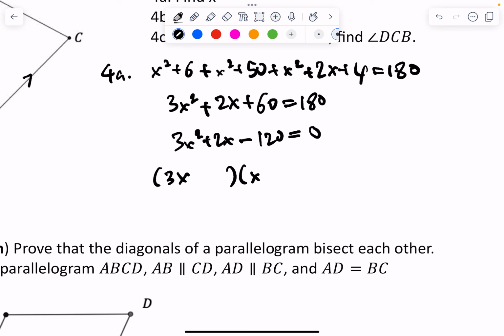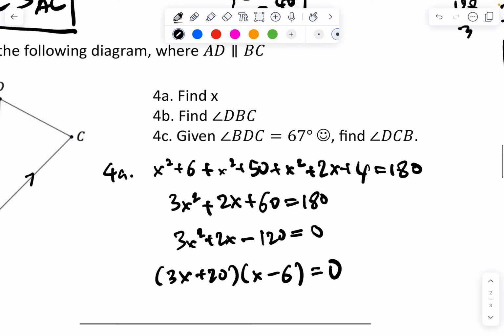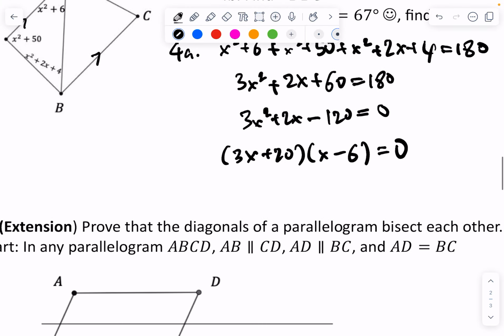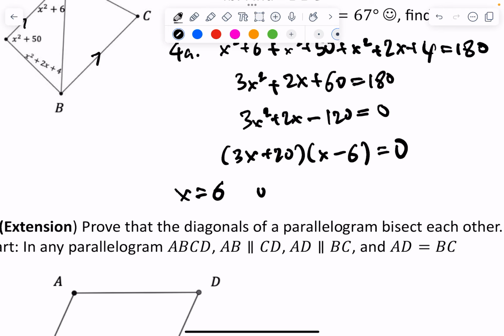What is it? 6 and 20. Yeah, 6 and 20. So x is either 6 or x is negative 20 over 3.